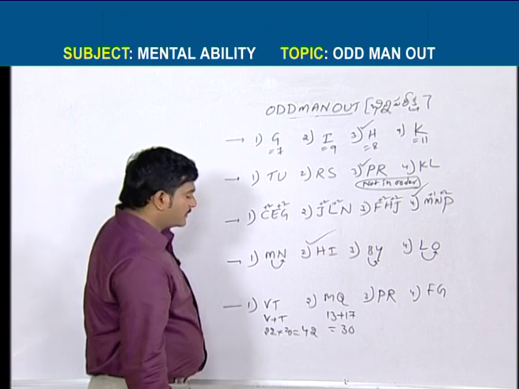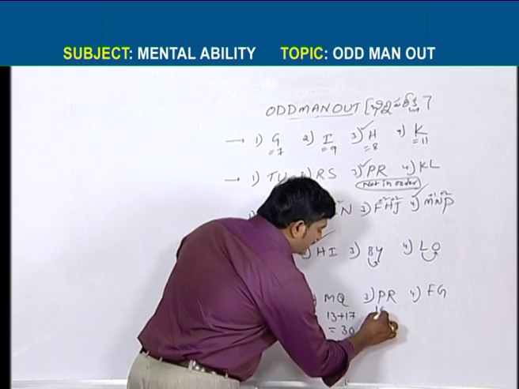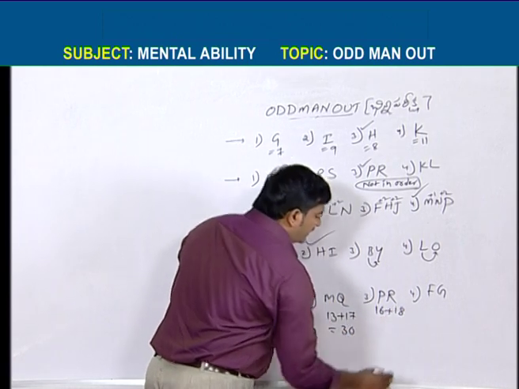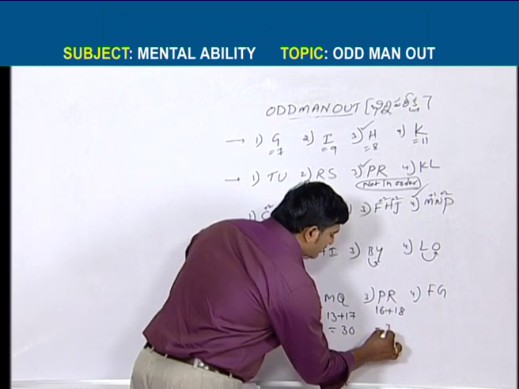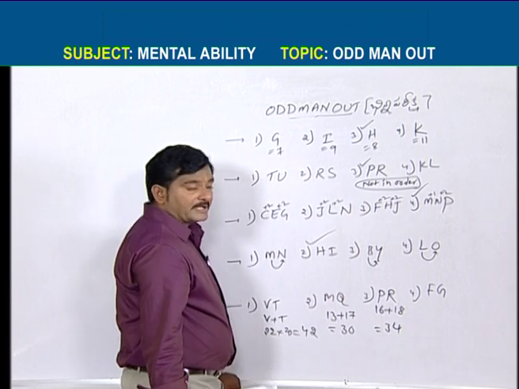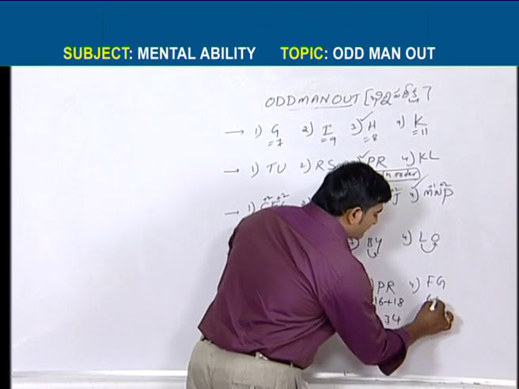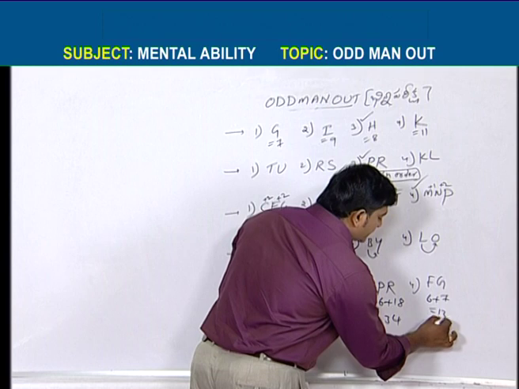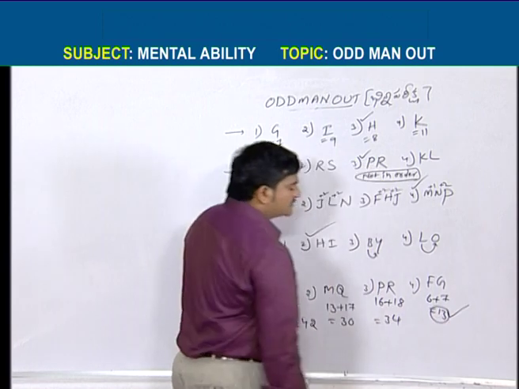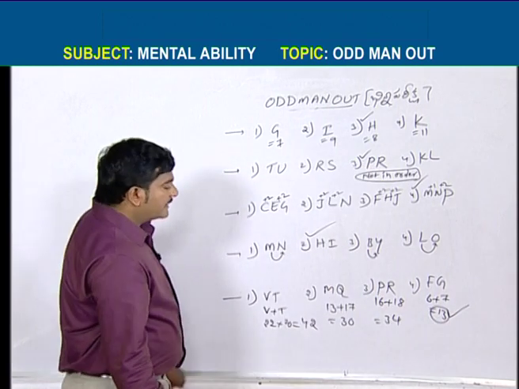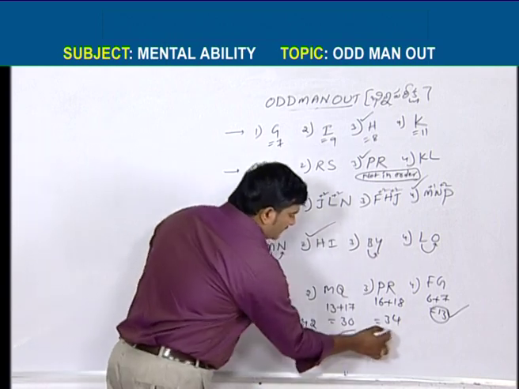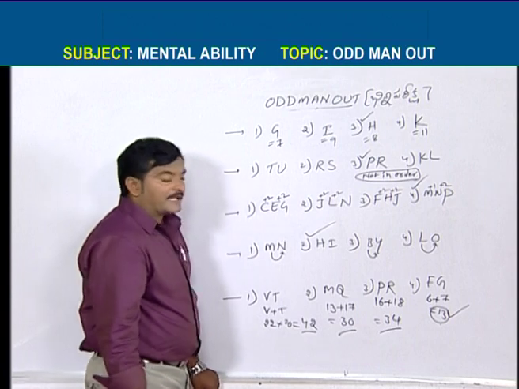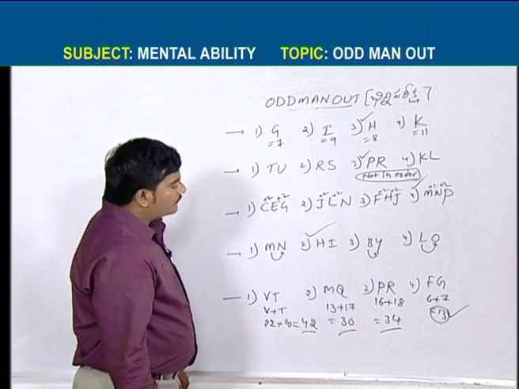Similarly, P means 16, R means 18. 16 plus 18, we get 34. And finally 6 plus 7 is equal to 13. Hence this is the answer, because when I add the remaining ones I get an even number each time, but there I am getting an odd number. That's why the fourth one is the answer.